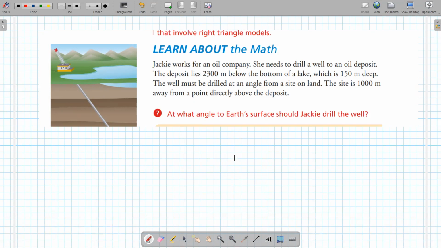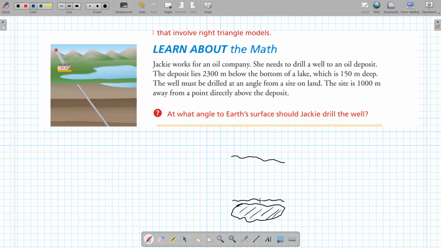So this is the lake. This is the bottom of the lake. And let's say the oil is here. This is the oil deposit. It says the deposit lies 2,300 meters below the bottom of the lake.